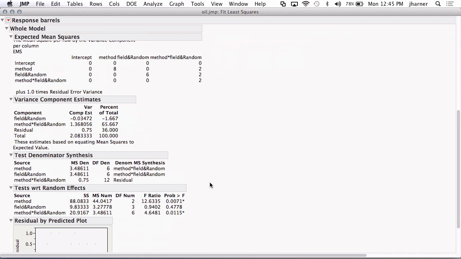So using the method by the interaction wouldn't be quite right. You could try to combine mean squares, or actually sums of squares, to get a correct error term. Sometimes you can do that, and sometimes you can't. Later on, I'll show you an example of that. At any rate, this is the way JMP does it.